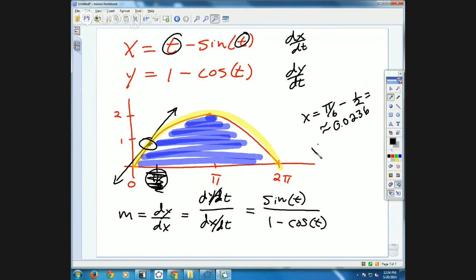My y value is going to be 1 minus the cosine of pi over 6, which is 1 minus the square root of 3 over 2, approximately 0.134.